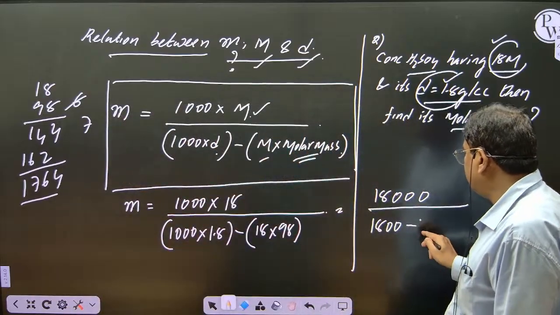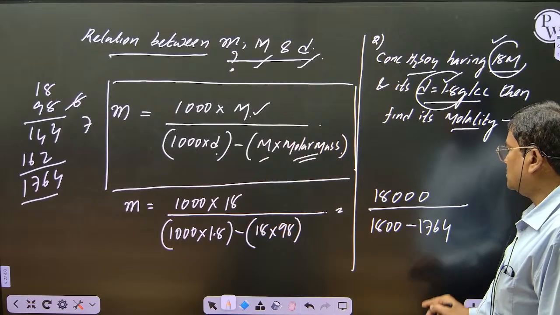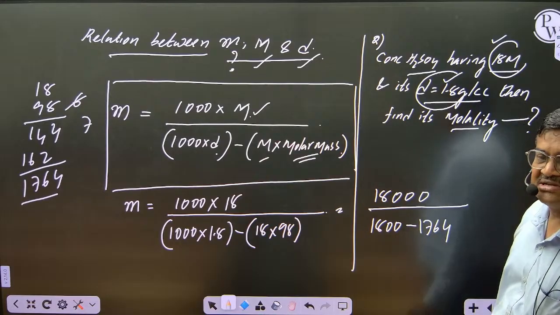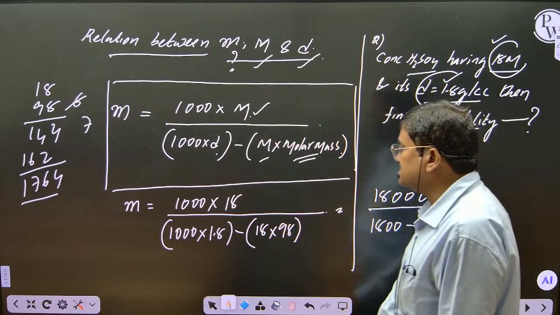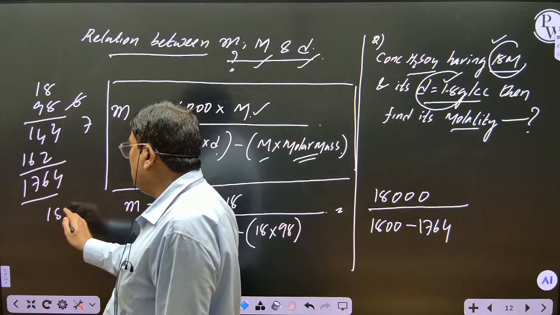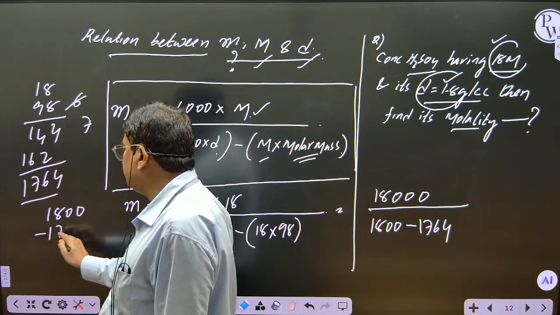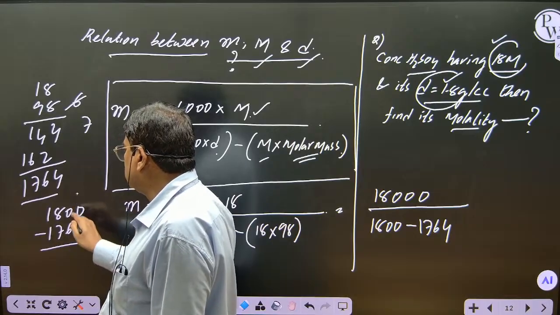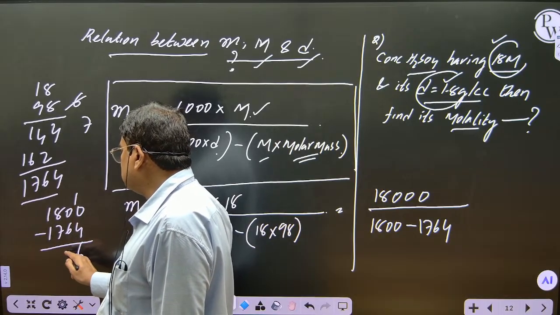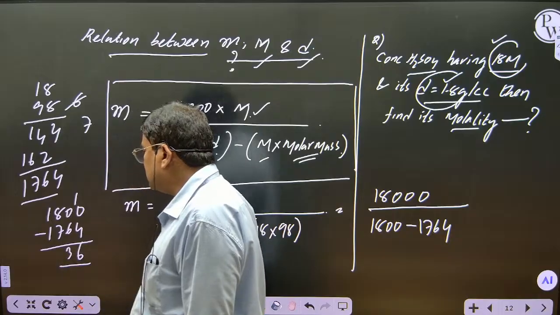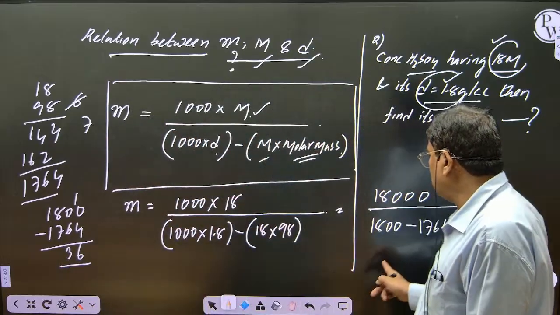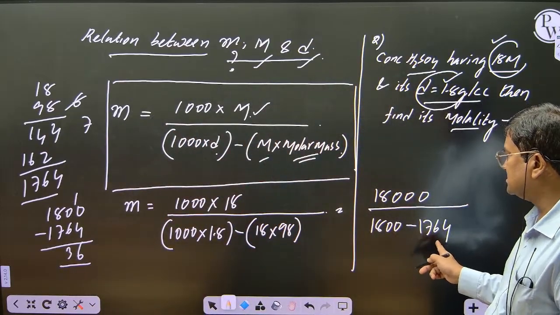This is 1764. Now from 1800 subtract 1764. 10 minus 4 is 6, 9 minus 6 is 3. That comes 36. So in the denominator I place 36.